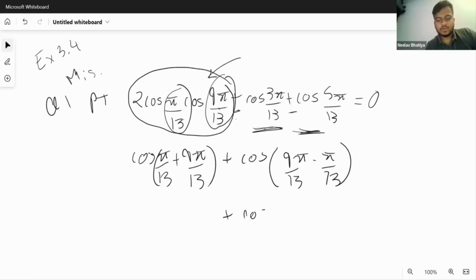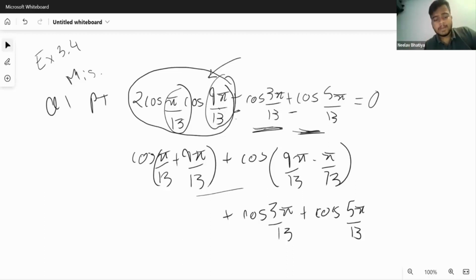Plus, we'll write these two terms as is, plus cos 5 pi by 13. Does that make sense? Because I've used the formula that I derived earlier to change this term, and the thing that I ended up with was this right here. Correct? Let's try and simplify this.